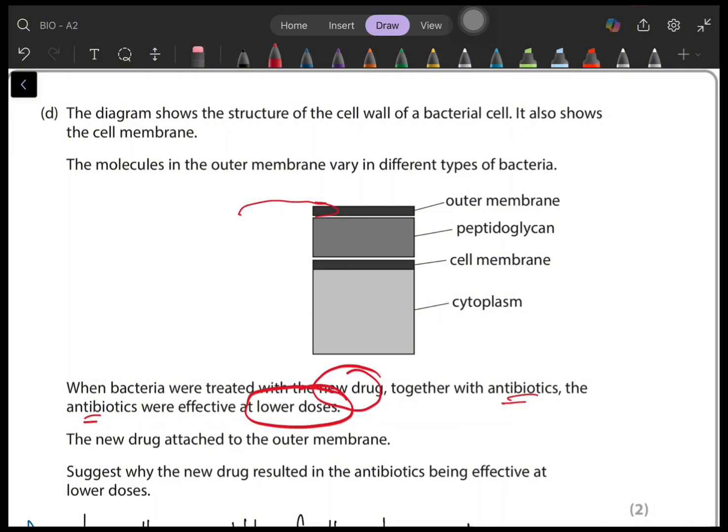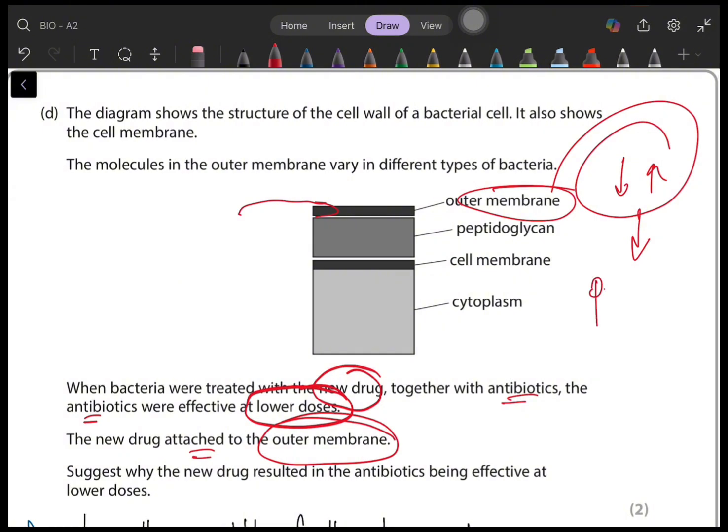The new drug attached to the outer membrane. Suggest why the new drug resulted in this. As soon as I hear the term membrane, what is the function of this membrane? The cell membrane controls the movement of ions into and out of the cells. It affects the permeability of the cells. Whenever you hear the term membrane, the first thing that should come into your mind is permeability.